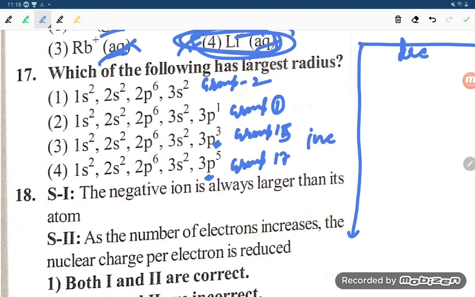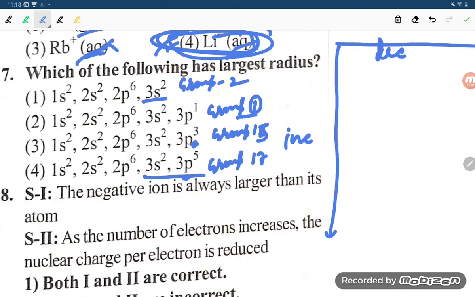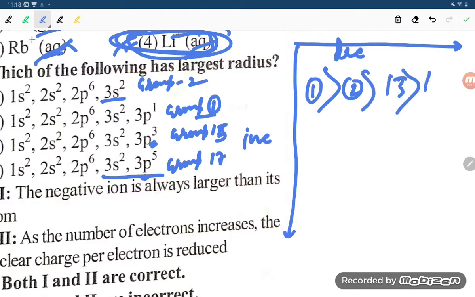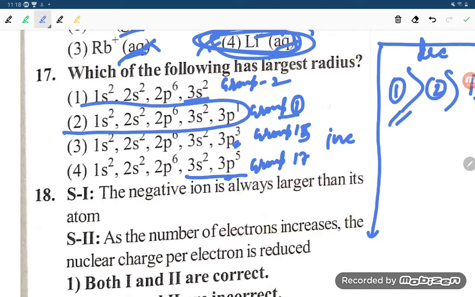They are asking which has the largest radii. So the largest radii is group 1, then group 2, then 13, then 15, and then 17. So the correct option will be option number 2, students.